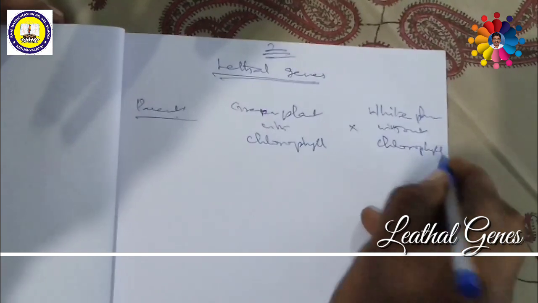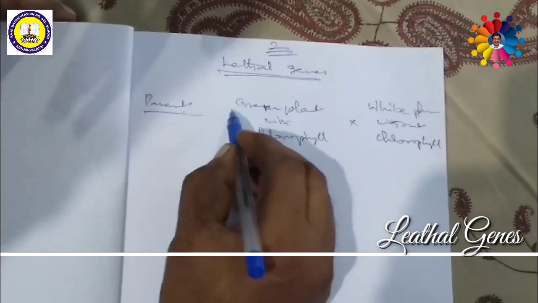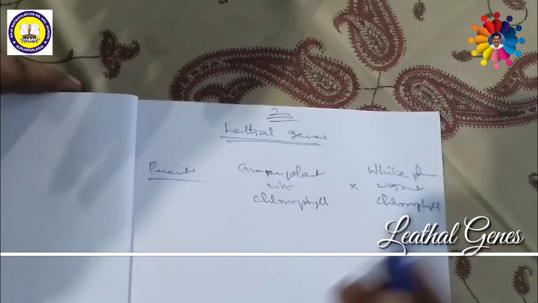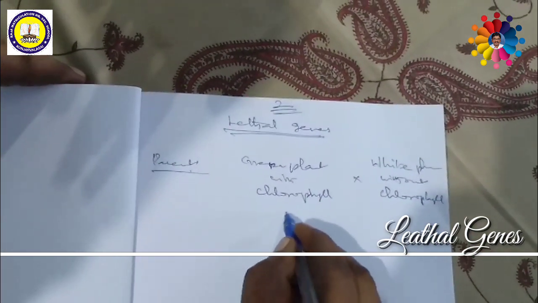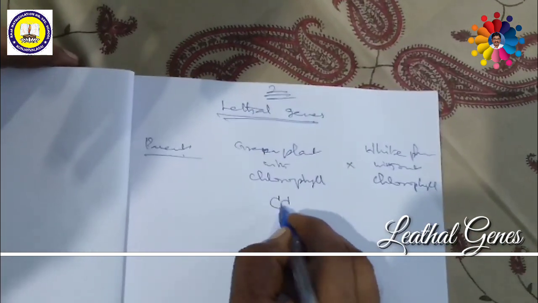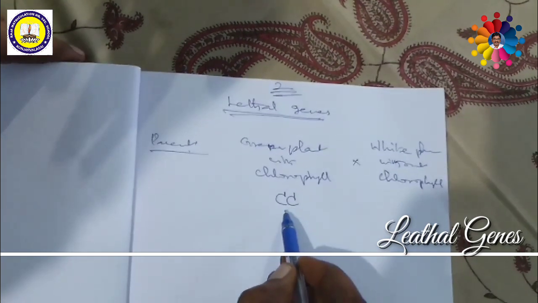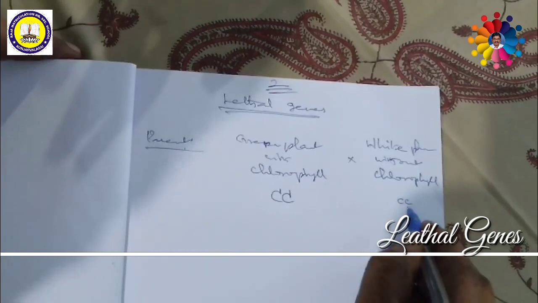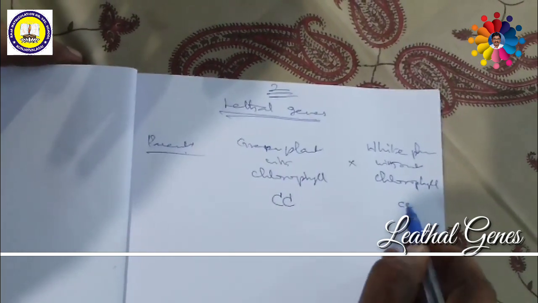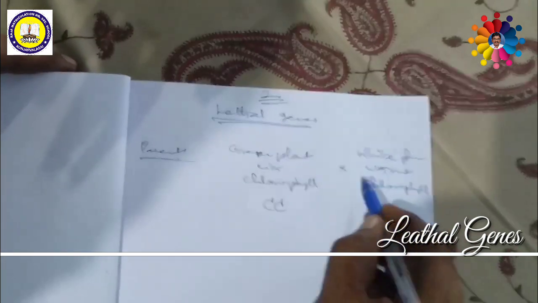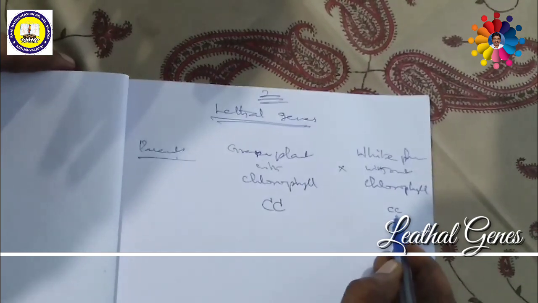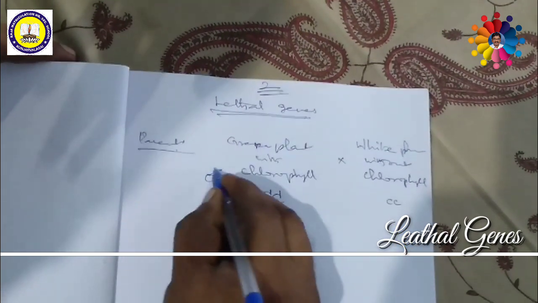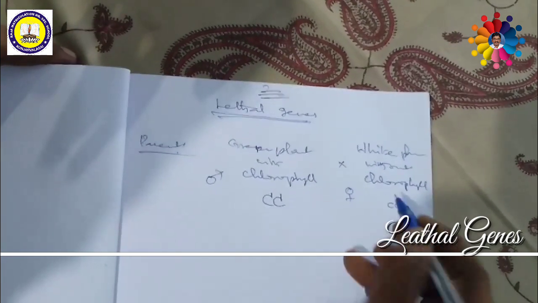So two plants have been crossed. One is a green plant with chlorophyll, another is a white plant without chlorophyll. The alleles are capital C, which is the green plant with chlorophyll, and small c, which is recessive. This is dominant, this is recessive. So the white plant without chlorophyll is small c. So these are the parents. Suppose this is the male parent, this is the female parent.